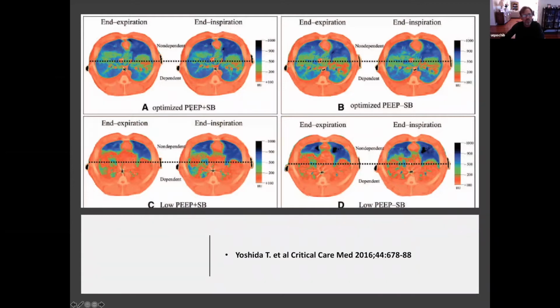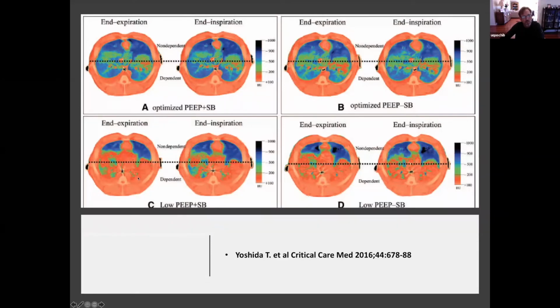So that means optimizing PEEP plus spontaneous breathing, and optimizing PEEP without spontaneous breathing. You may see or get a hint that these so-called dependent parts of the lung, particularly during end expiration, are less well ventilated than when you have additional spontaneous breathing.